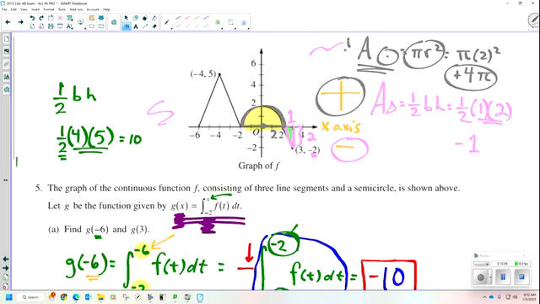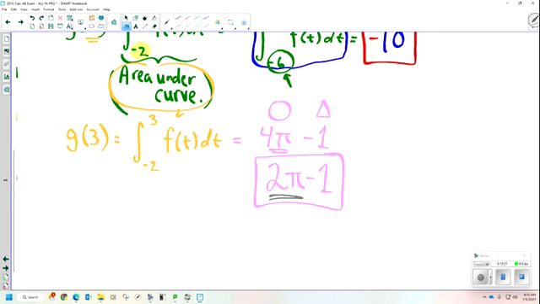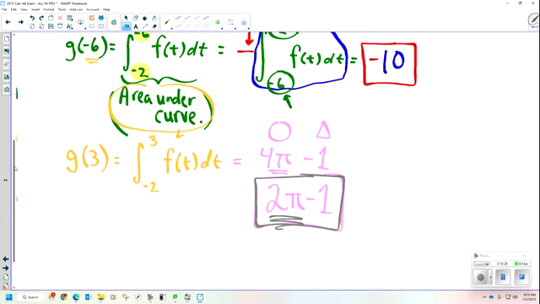So really, I have half of my area of a circle, which means I need to multiply this times a half. Half of 4 is 2 pi. Don't fall into that mistake, all right? So I'm going to scroll back down here. That's why this is 2 pi minus 1, okay? So g of 3 is 2 pi minus 1, and g of negative 6, well, that's negative 10. Not a bad problem to start with.